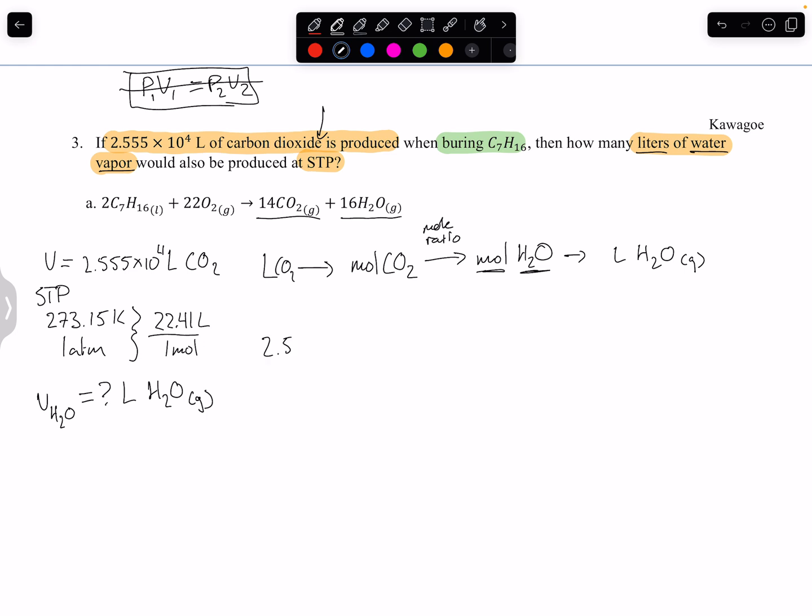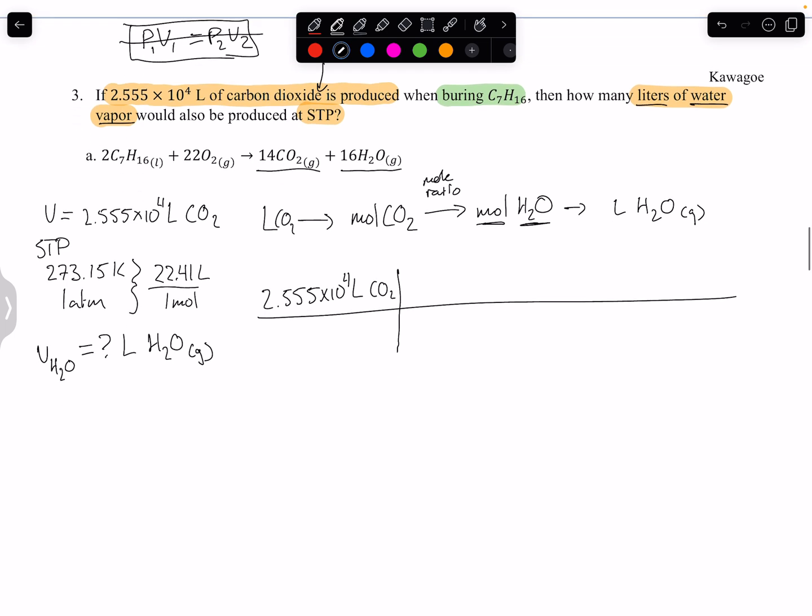So that sets up the whole stoichiometry problem: 2.555 times 10 to the 4 liters of CO2. And so I have liters. I want to cancel out that liters. So I put the 22.41 liters per 1 mole. The liters goes on the bottom, the moles goes on top. That's moles of CO2 in this case.